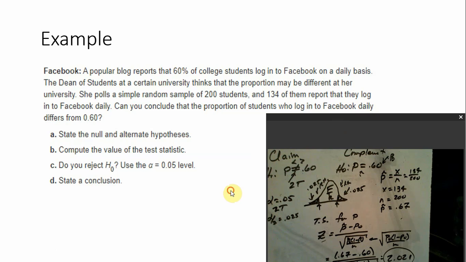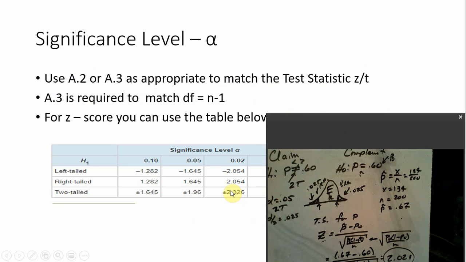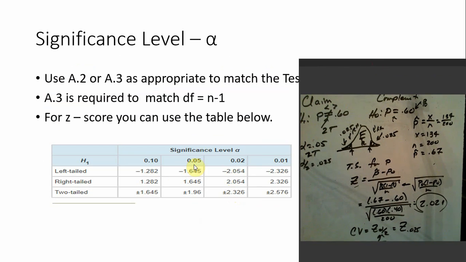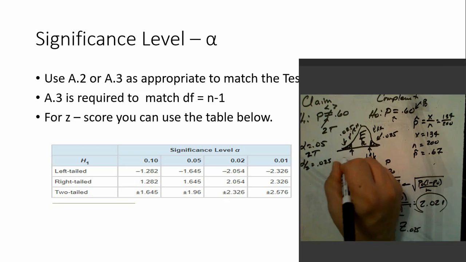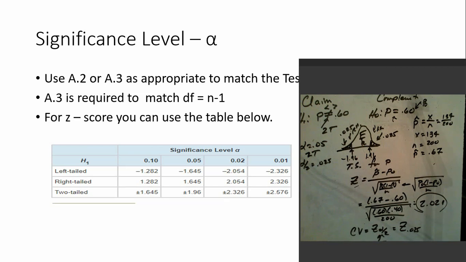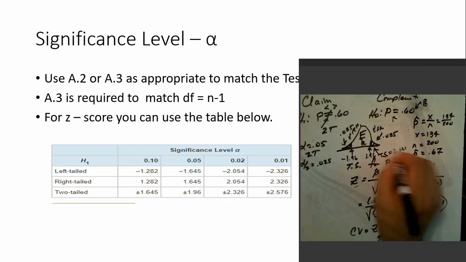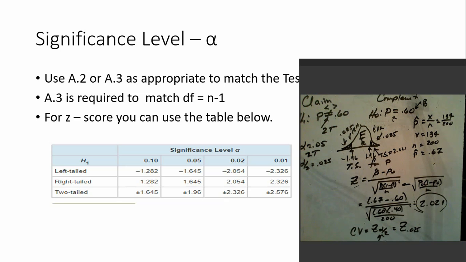If I go back up here, my alpha level, the full is 0.05, and I'm doing a two-tailed test, so that divides by 2, which is plus or minus 1.96. I plot that in there, and then the 2.021 is somewhere out here. My test statistic is 2.021, which is in that rejection region.